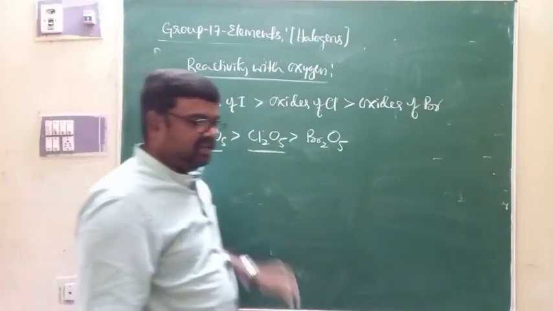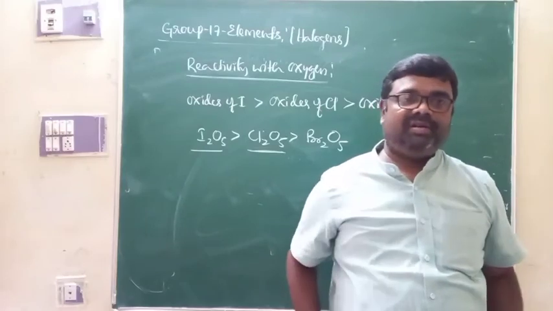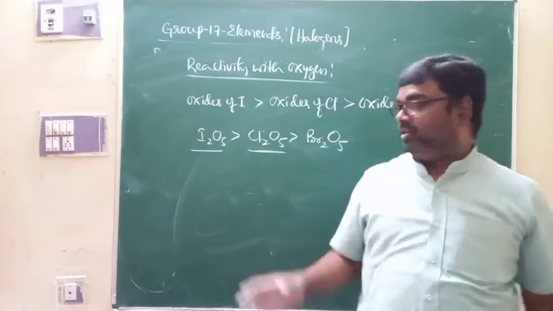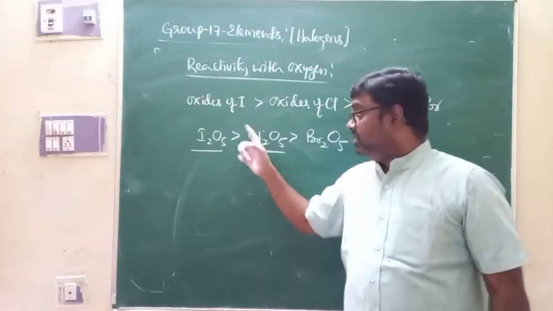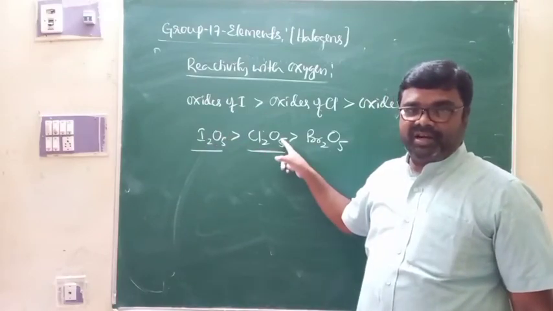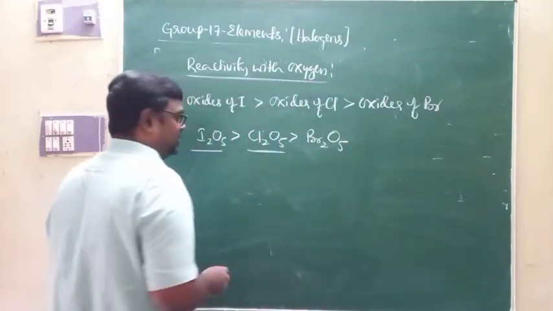Because of that electronegativity difference, ability to undergo multiple bond formation, and of course electronegativity, because of all these three factors, stability of oxides of iodine will be greater than oxides of chlorine. Oxides of chlorine will be greater than stability of oxides of bromine.